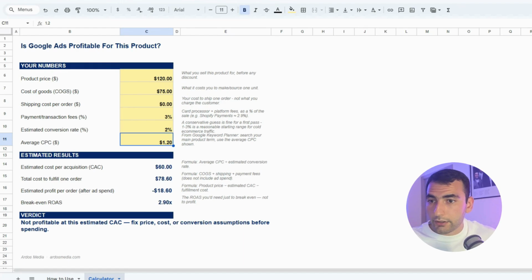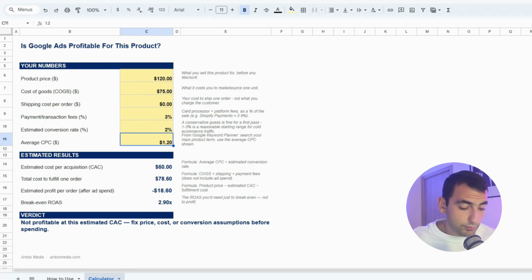Here it should be 0, because we are charging the full fee in this example. But if you are charging $10 for shipping, but shipping costs you 5, then you need to add 5 here. So in our case, we assume that it's 10 charged and 10 costs. So we're going to type in a 0 here.